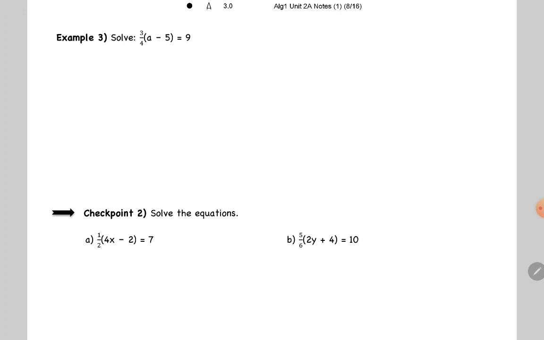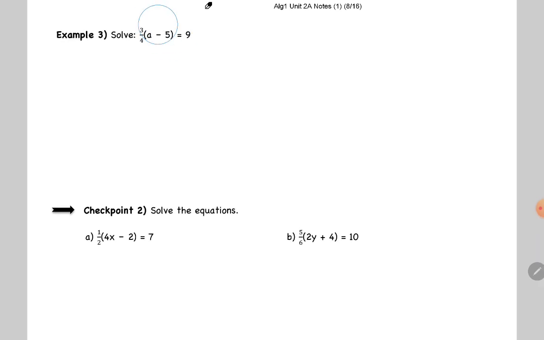Easier to multiply both sides by the denominator. So normally we use the distributive property and multiply that and that. But another way we can do it is by multiplying both sides by the denominator.